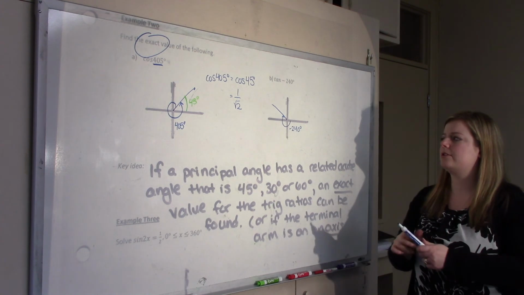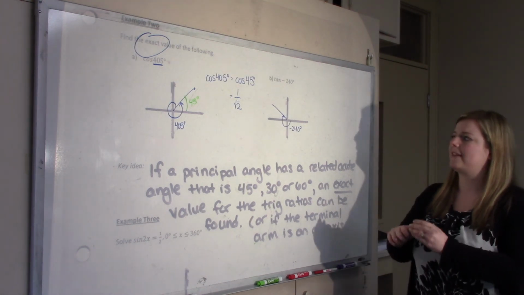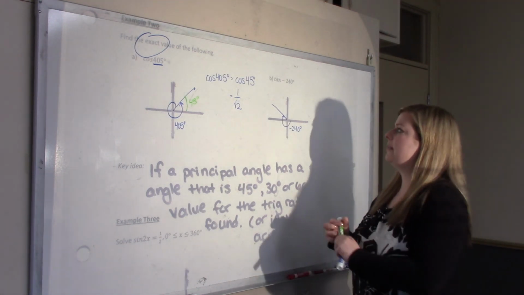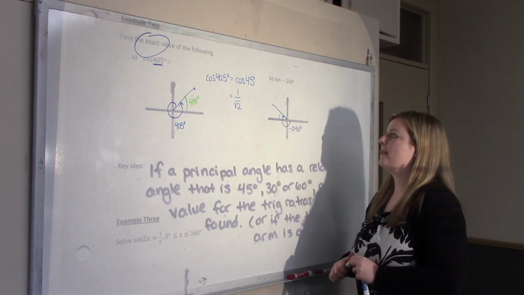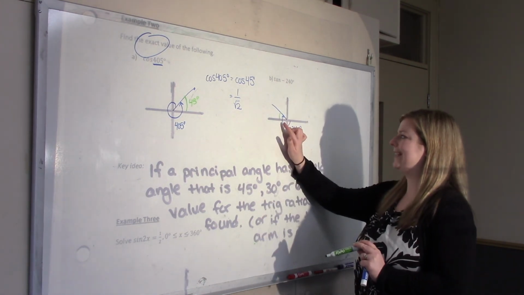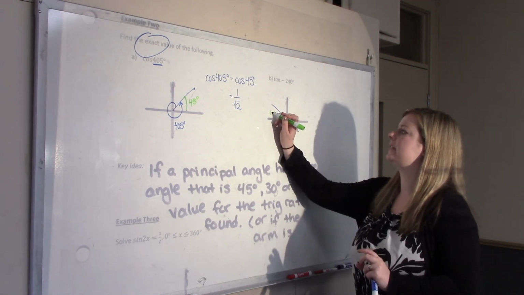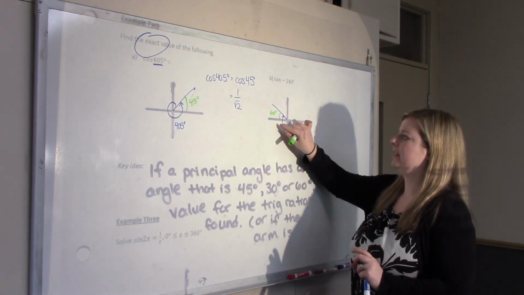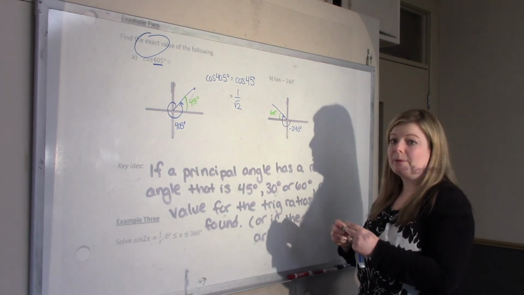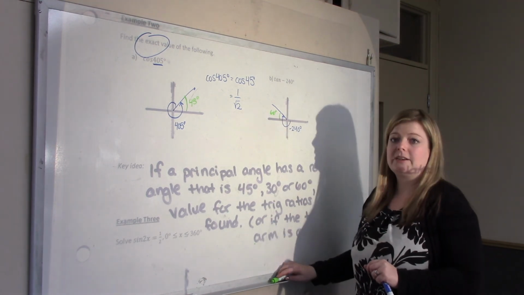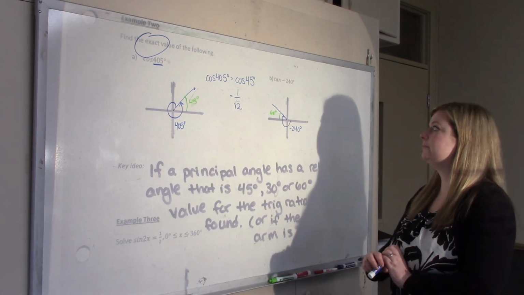So draw the arrow to show that it terminates and it's going in that direction. Then I label my related acute angle. So this was negative 180, so that means there's 60 degrees left between the x-axis and that terminal arm. So label it as positive 60 because the related acute angle is always positive.